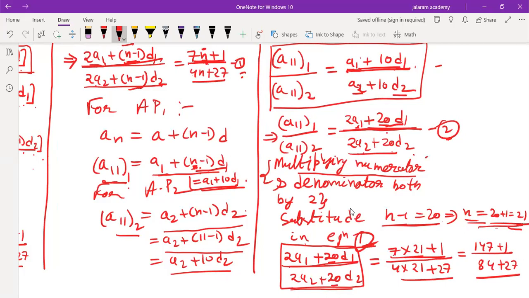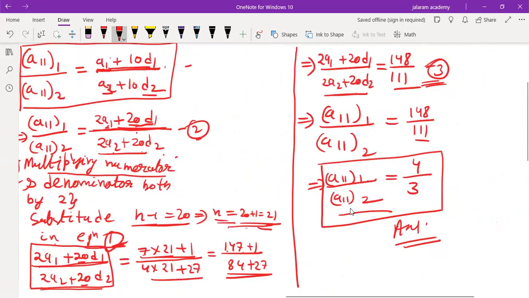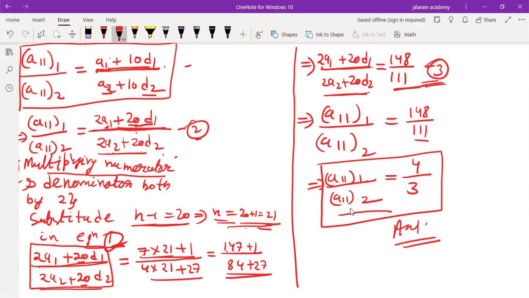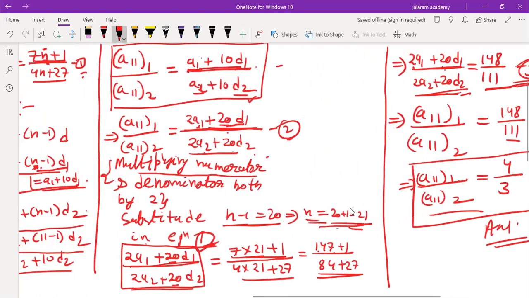7 times 21 is 147, so 147 plus 1 is 148. 4 times 21 is 84, plus 27 that is 111. So 2a1 plus 20d1 over 2a2 plus 20d2 equals 148 over 111. And we know that 2a1 plus 20d1 is the 11th term of the first AP, and 2a2 plus 20d2 is the 11th term of the second AP, from equation number 2.